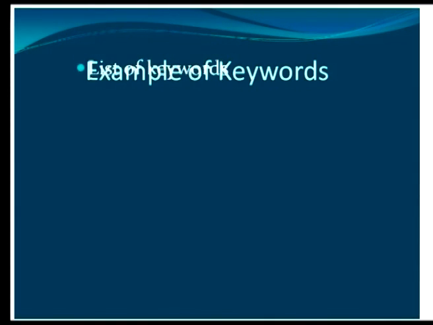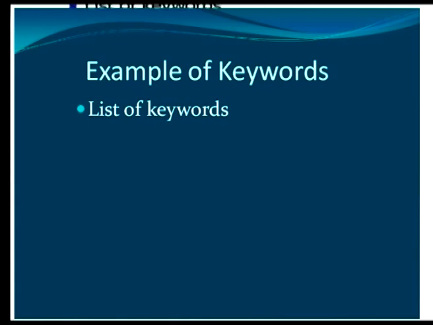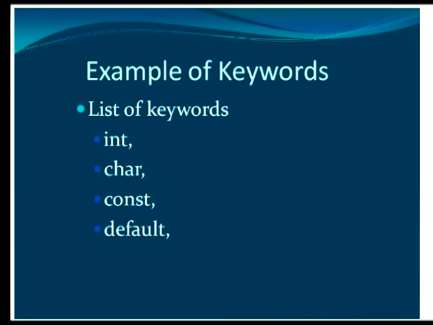Examples of keywords used in language C are: int is a keyword, char is a keyword, const is a keyword, default, break, continue, etc.